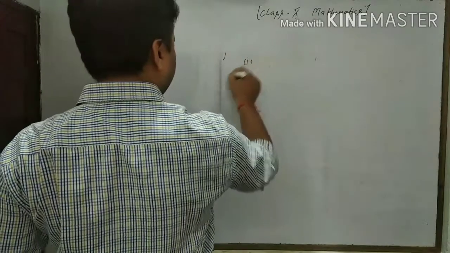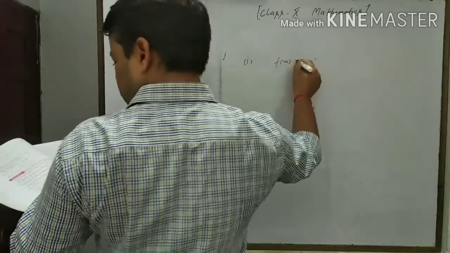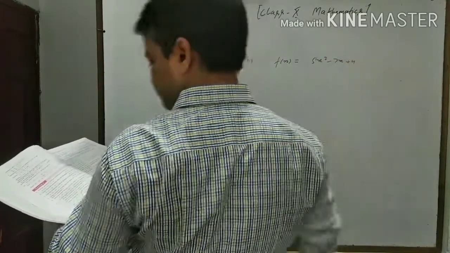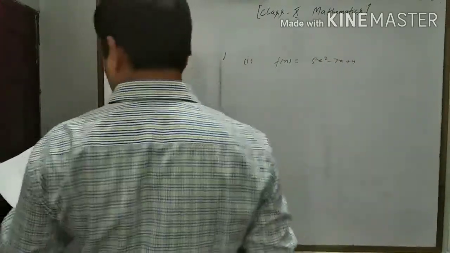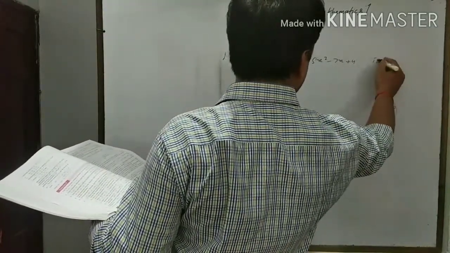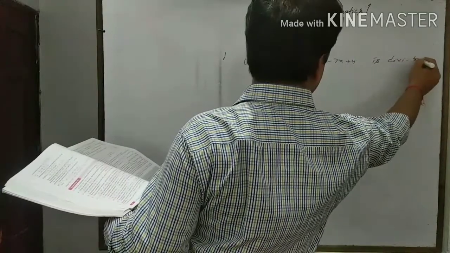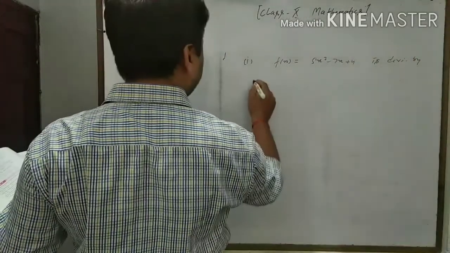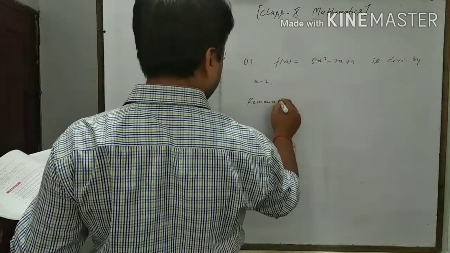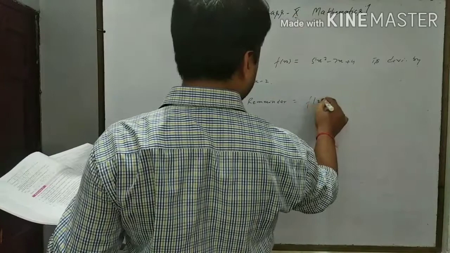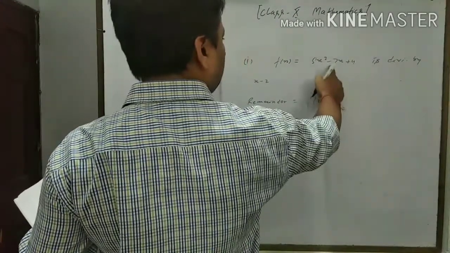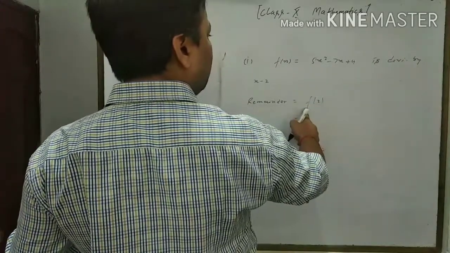Here first let us see the first. f(x) is equal to 5x square minus 7x plus 4, and f(x) is divided by x minus 2. The remainder is what? The remainder is equal to f of 2, and simply put x is equal to 2 in this polynomial.